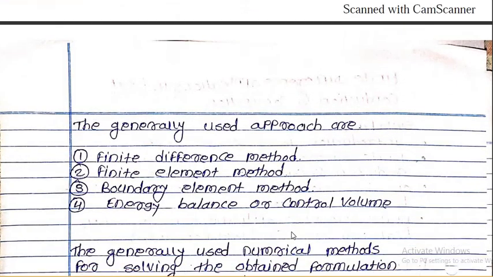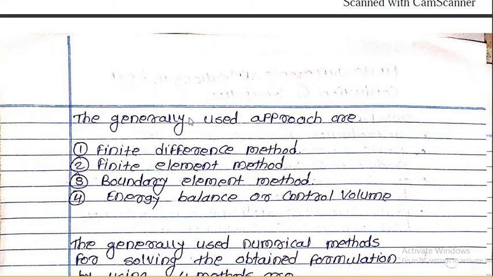Generally the problems in heat exchangers, in heat transfer, the problems related to heat and mass transfer can be solved by using these four methods or four approaches. The first one is the finite difference method, the second one is the finite element method, the third one is the boundary element method, and the fourth one is the energy balance or control volume method.